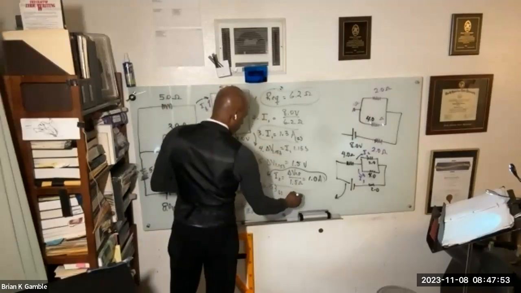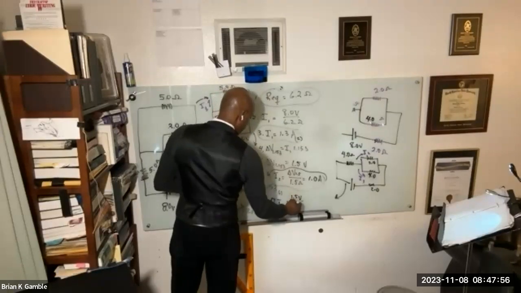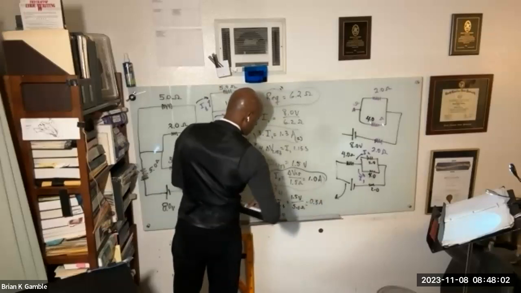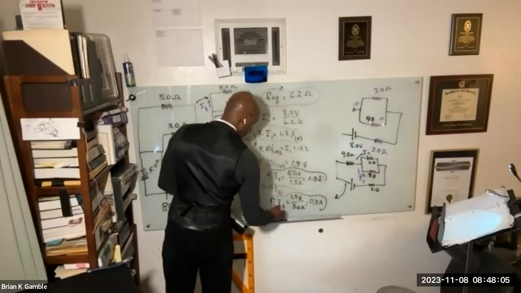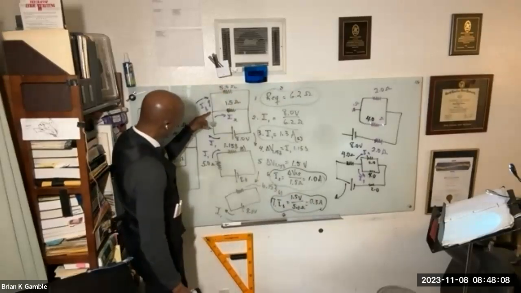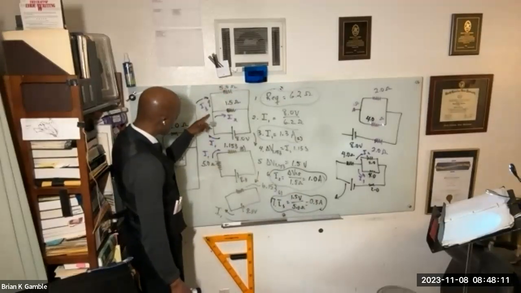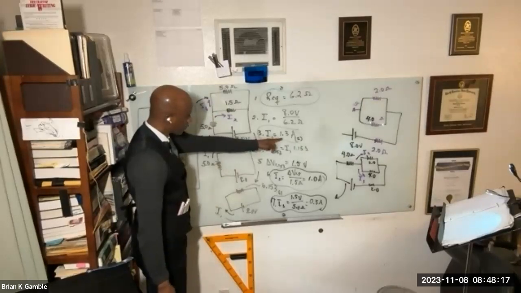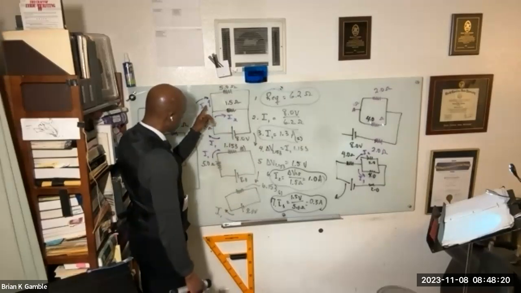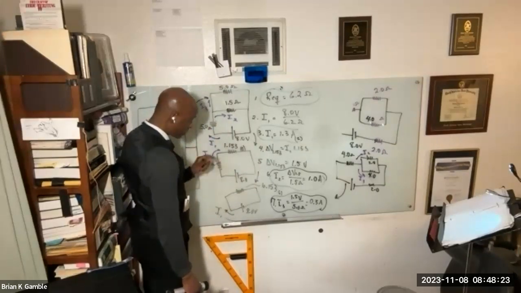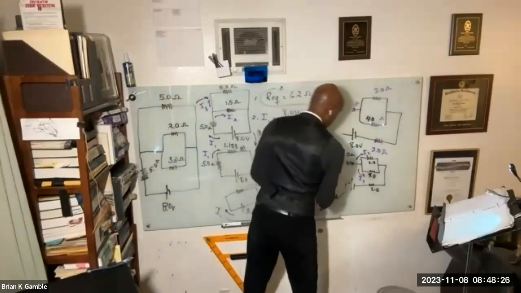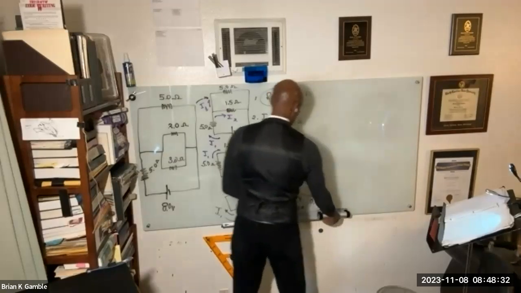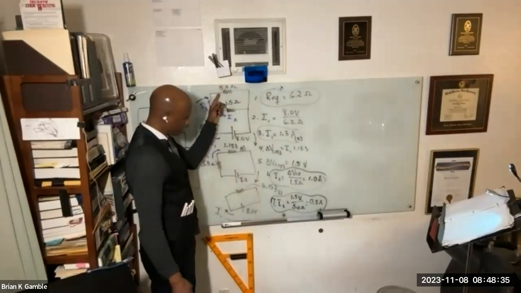So 1.5 volts divided by 5 ohms, which is 0.3 amps. And that makes sense because at this node, we know that I1 that goes in has got to equal I3 and I2 coming out. I1 is 1.3 amps. So then 1 amp plus 0.3 amps is 1.3. So that checks. And so through the 5 ohm resistor, we have 0.3 amps.